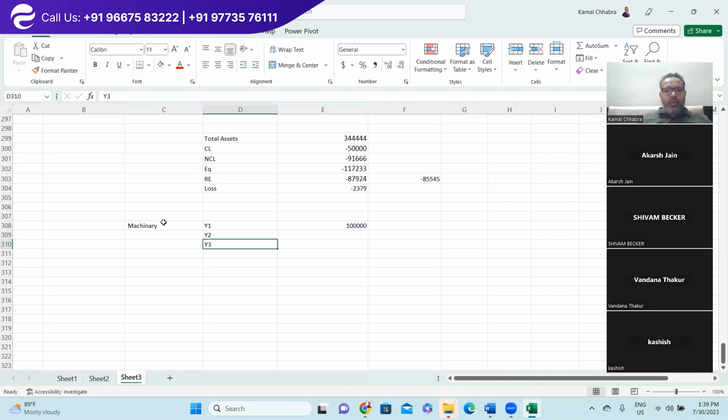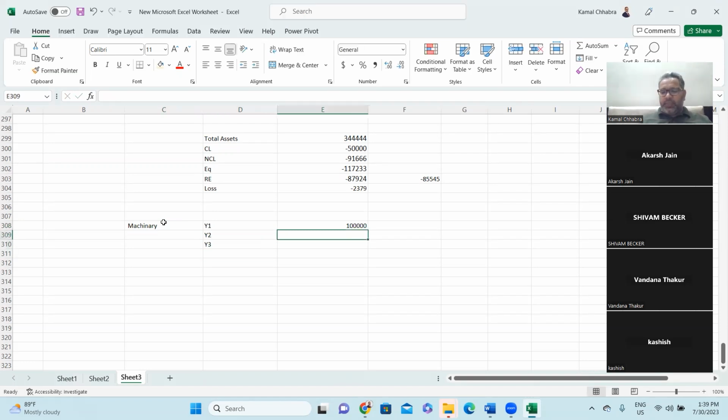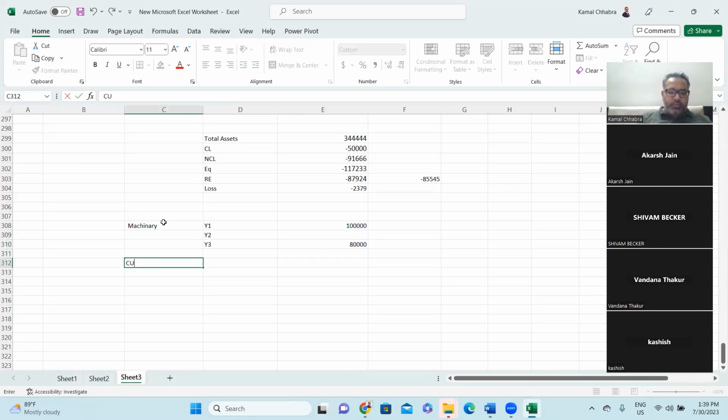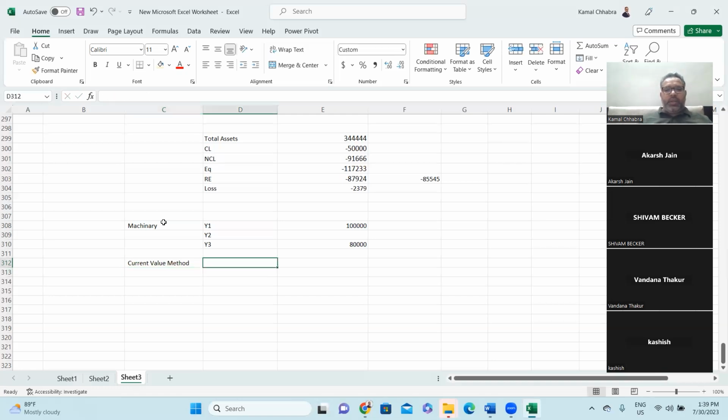Let's say you are depreciating it at 10% every year. So now the book value is $80,000. And now let's say you are using the current value method, and with the current value method the value is $95,000.